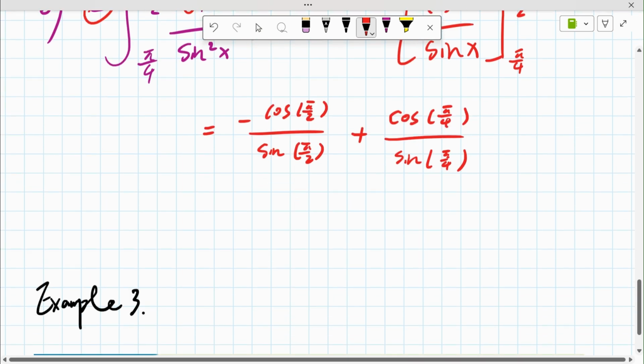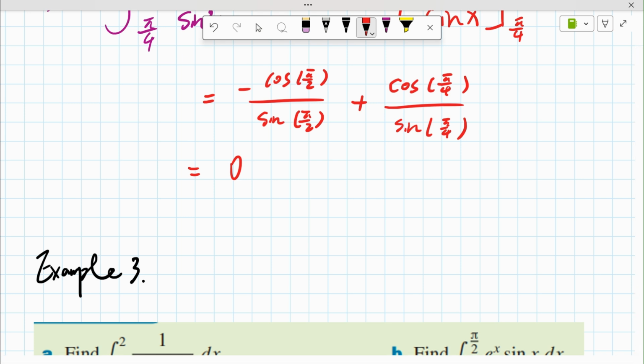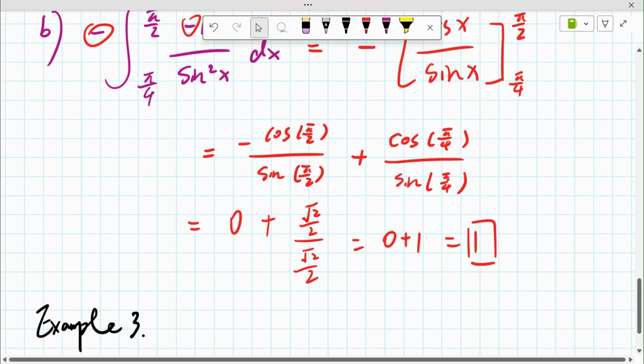The first half becomes 0, and then plus root 2 over 2 divided by root 2 over 2, which equals 1. So 0 plus 1 equals 1. So the final answer is equal to 1.